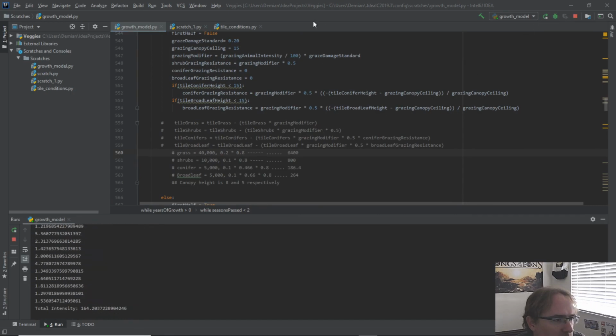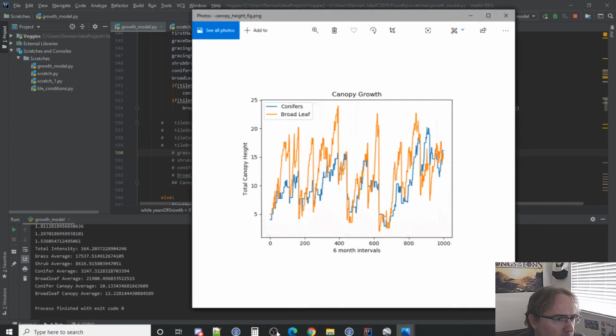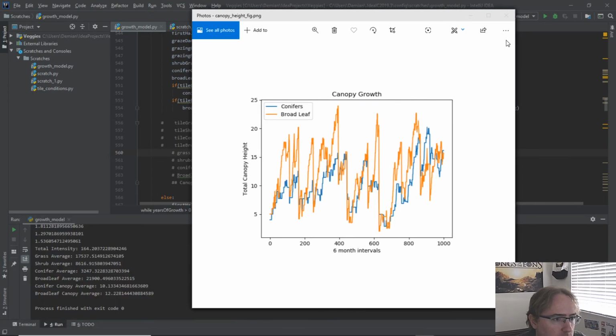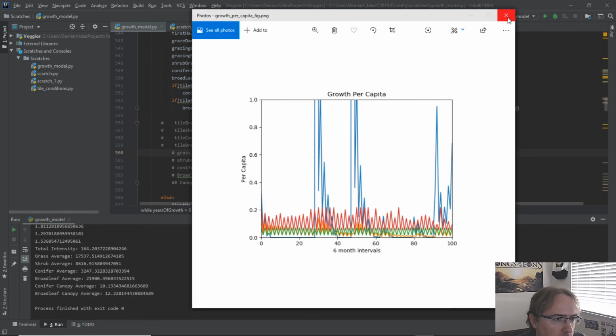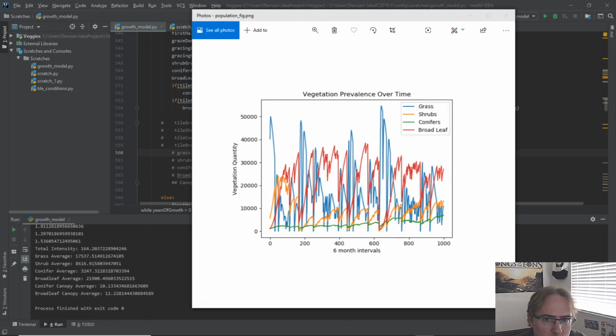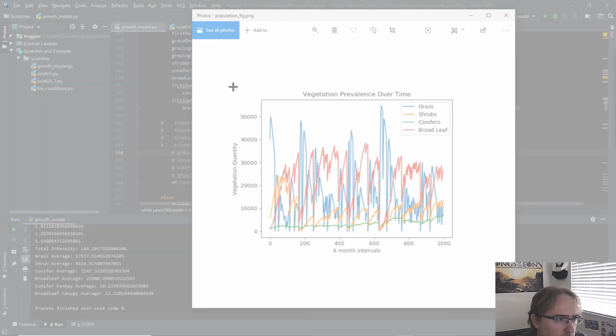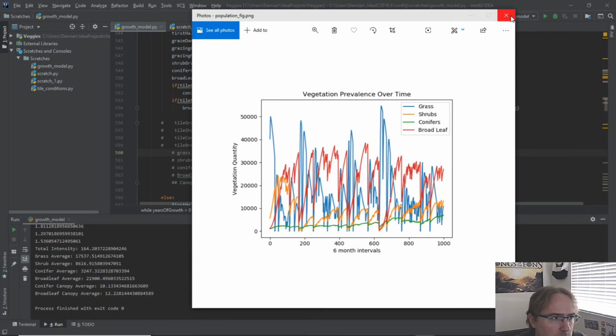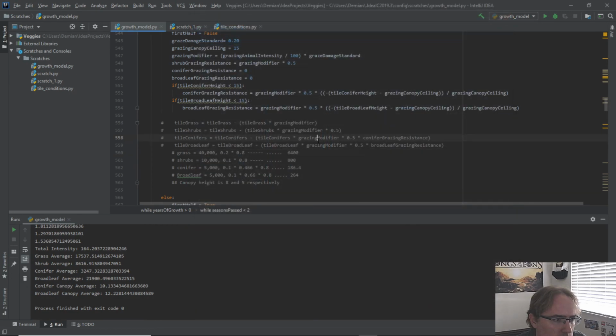Well, here, let's generate it again. We'll take a snip of what it looked like here. Back in the grazers and see what it does.